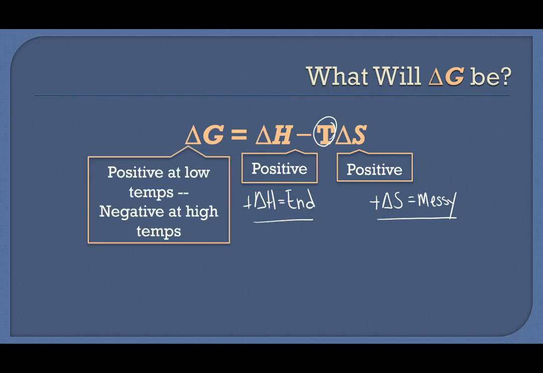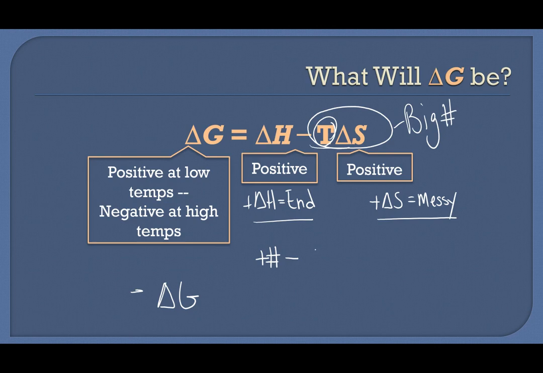So for delta G to be negative, what we're going to see is that this number over here has to be a big number. So we've got a positive number minus another positive number.